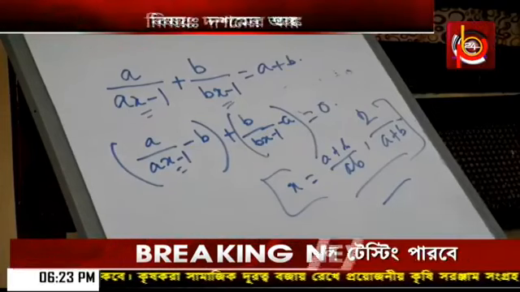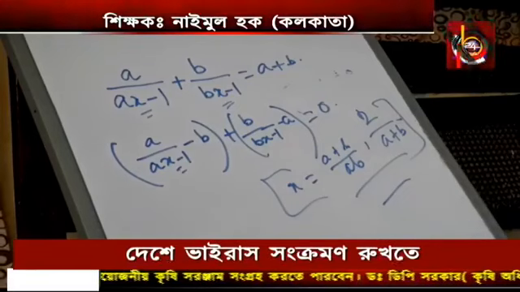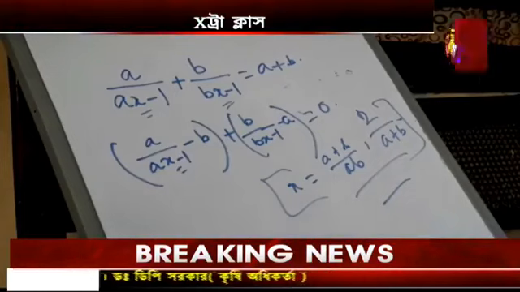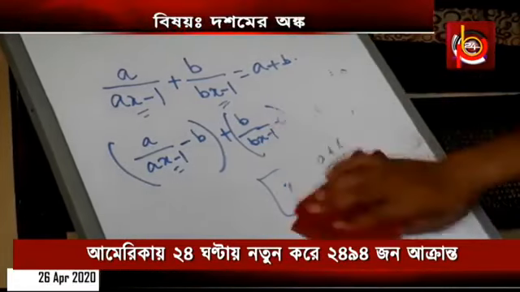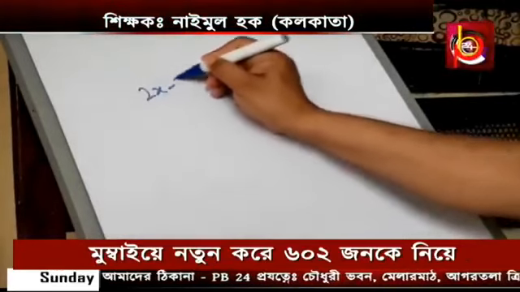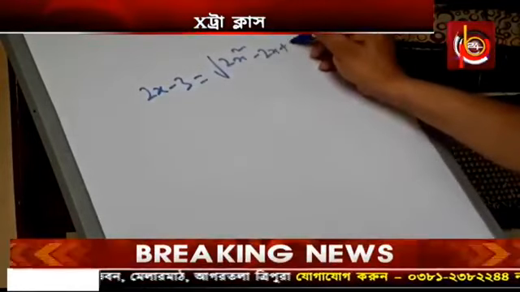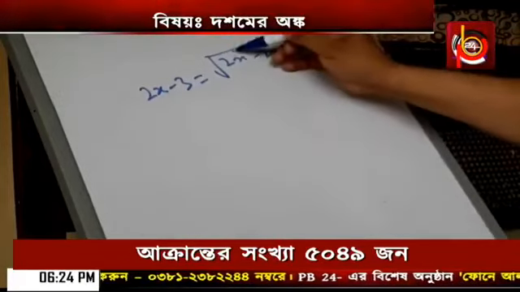Now I was likely to go to the word problem sums. There are very nice sums. I think you can solve the problems on your own, but one thing I must show you. This is a very simple sum. See, 2x minus 3 equals to 2x square minus 2x plus 21. Is this a linear equation or a quadratic equation?